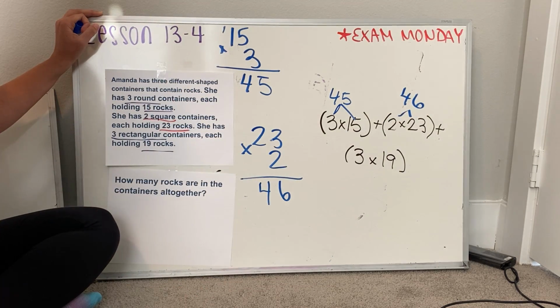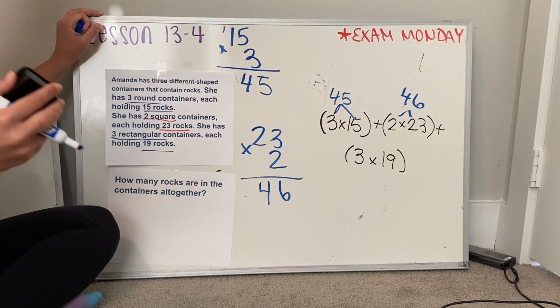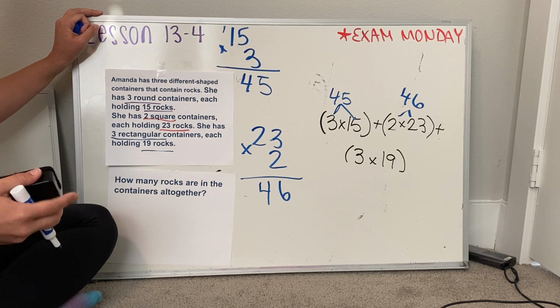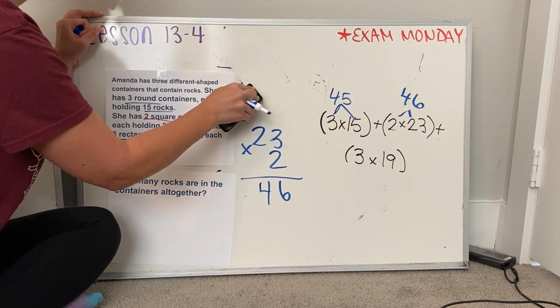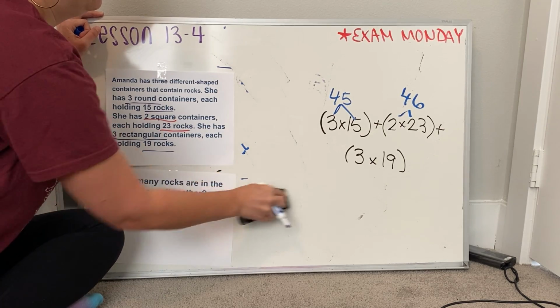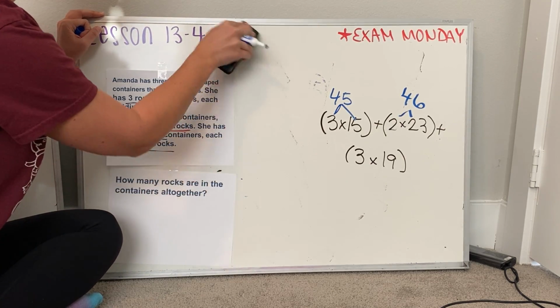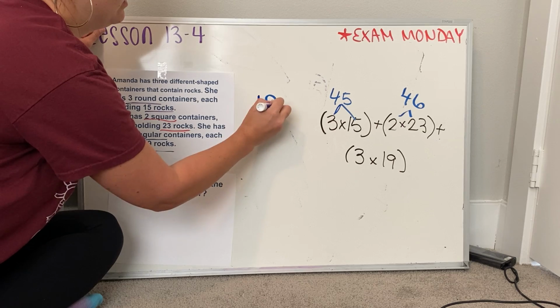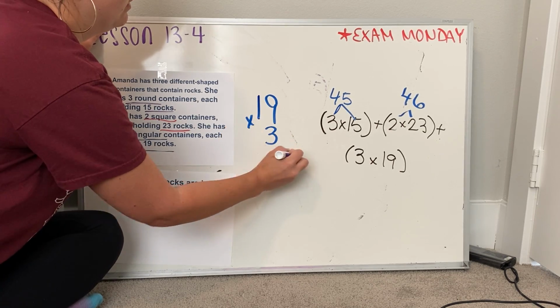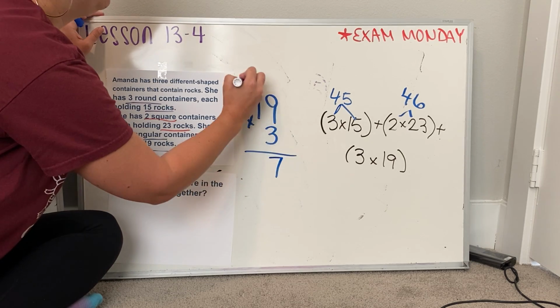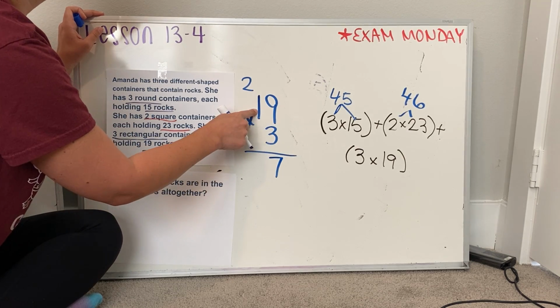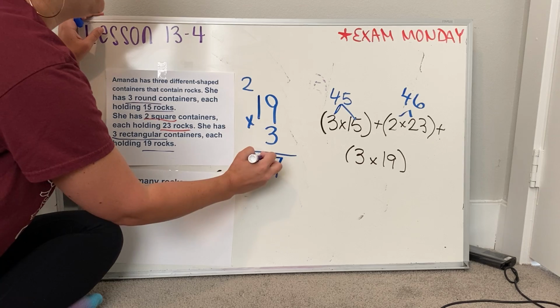And 3 times 19, again, pause the video if I'm going too fast. 3 times 9 is 27. 3 times 1 is 3, plus 2 is 5.